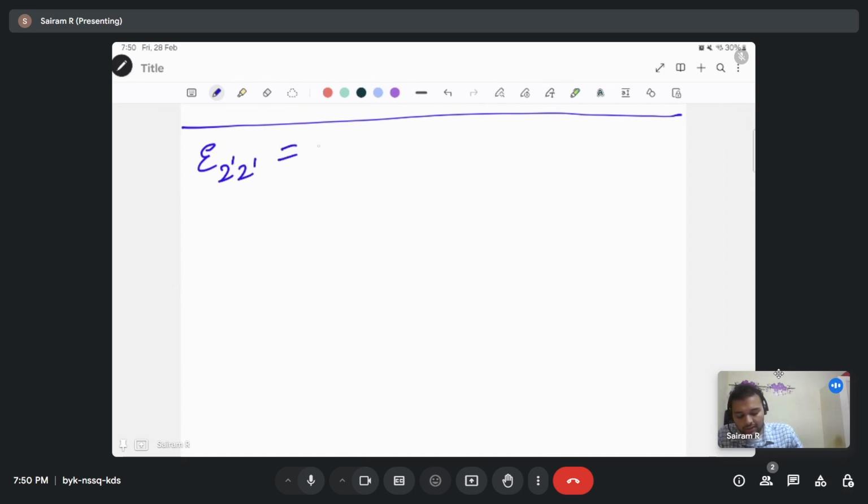We know that it is the summation m equals 1 to 3, n equals 1 to 3 of L2 prime m, L2 prime n, epsilon mn. Once we are able to expand this, we are going to be able to solve for the final answer of epsilon 2 prime 2 prime.